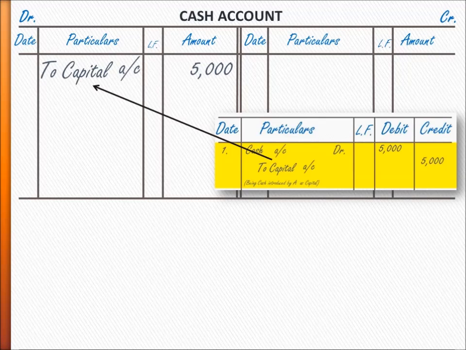Be careful. In cash account, either on the debit side or credit side, you cannot use the word cash. So on the debit side, in the cash account, amount column 5,000 and in the particulars column, To capital account. And you can write down the date. But we don't have any date, so please write down the transaction number, and that is 1.